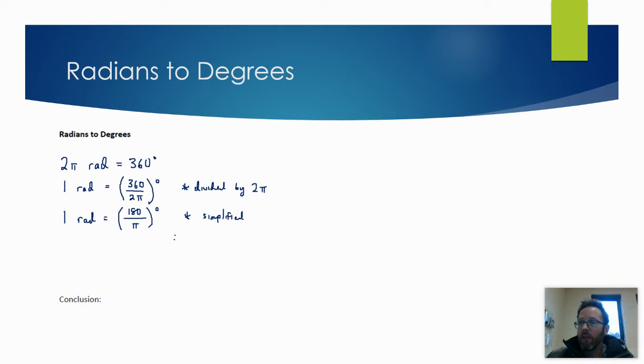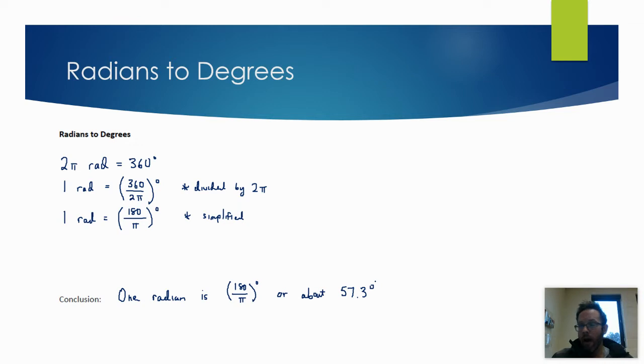To conclude, what we have shown is that 1 radian is exactly 180 divided by pi degrees. If you want to know approximately what that is in degrees, 180 divided by pi is about 57.3 degrees, just to give you a reference point.